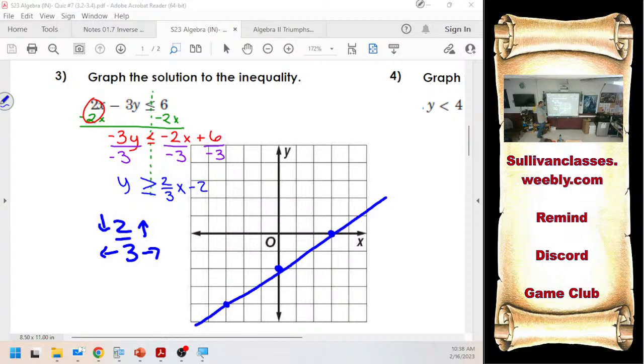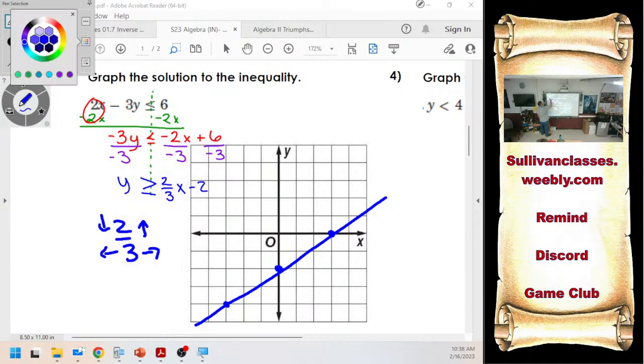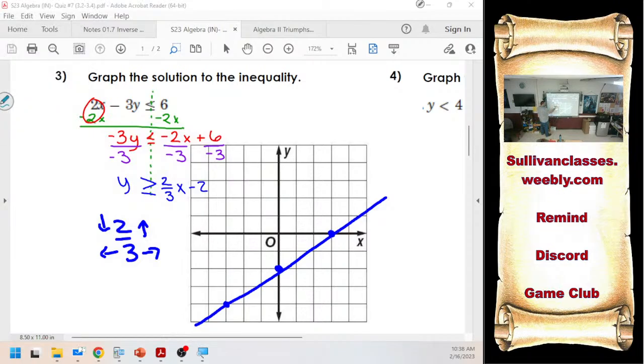I can determine which way to shade 2 different methods. Method number 1. I shove a 0 and a 0 in there. I get 0 is greater than or equal to negative 2. Is that true? Yeah. Being flat broke is better than owing someone $2? Yeah. Oh yeah.